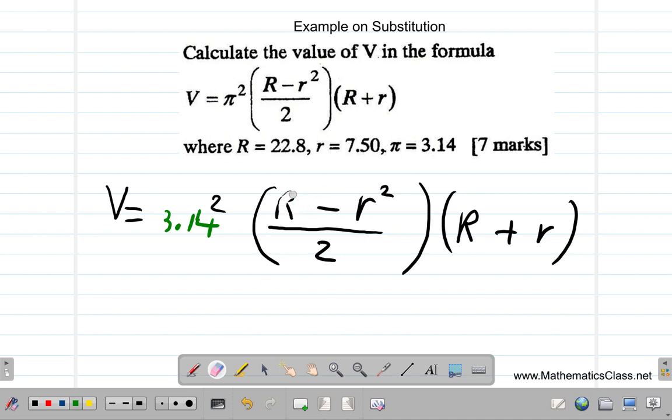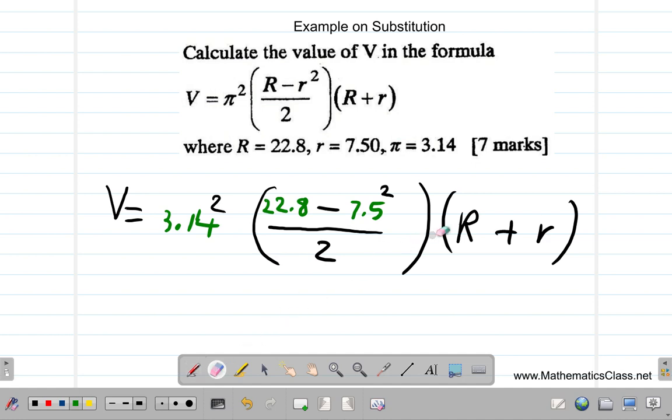Uppercase R, 22.8. So let me get rid of the uppercase R here and replace it with 22.8 because it's the same thing. It's equal to that. Lowercase r is 7.5. So what we have is 7.5, and that is squared. I didn't bother to write the 0 after the 5.